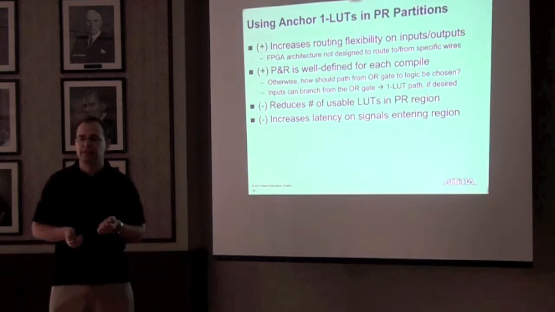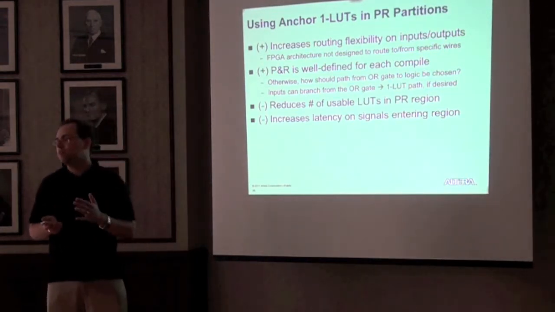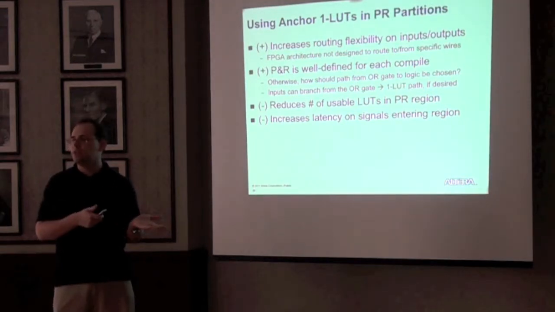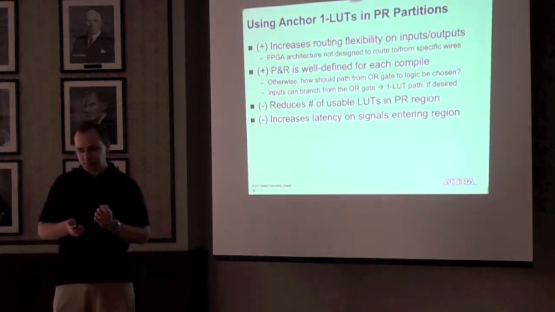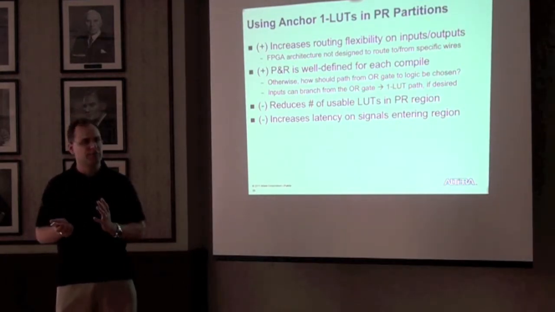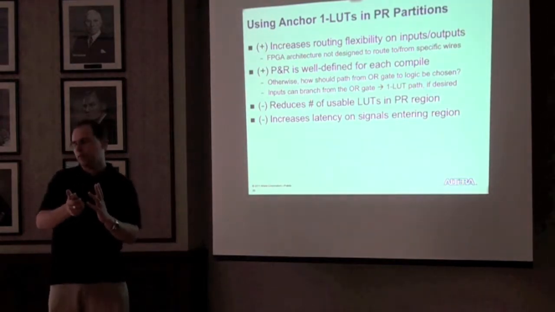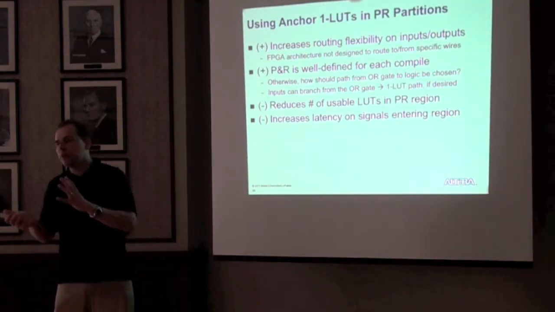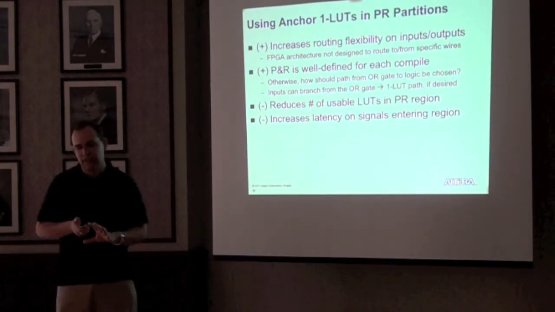Both FPGA architectures and the CAD tools aren't designed to route from and to specific wires, which would be the alternative if you didn't use an anchor LUT. Also, by providing an anchor LUT, you actually have a well-defined problem for each compiler. The base revision routes to the LUT, or from the LUT, and then the persona compilations route from the other side of that LUT to wherever the rest of the logic is.